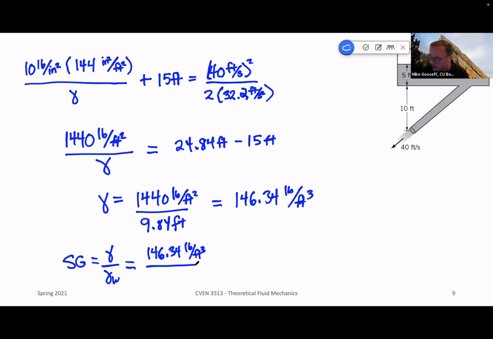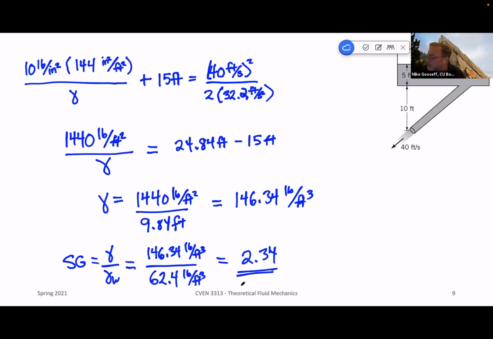But for water, it's 62.4 pounds per foot cubed. So this comes out to be a ratio of 2.34. Okay? So there's our specific gravity. So this fluid that's moving at 40 feet per second is more than twice as dense as water. 2.34 times as dense.